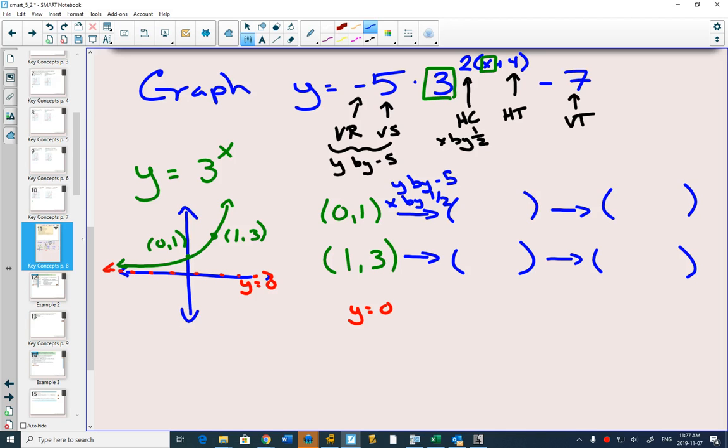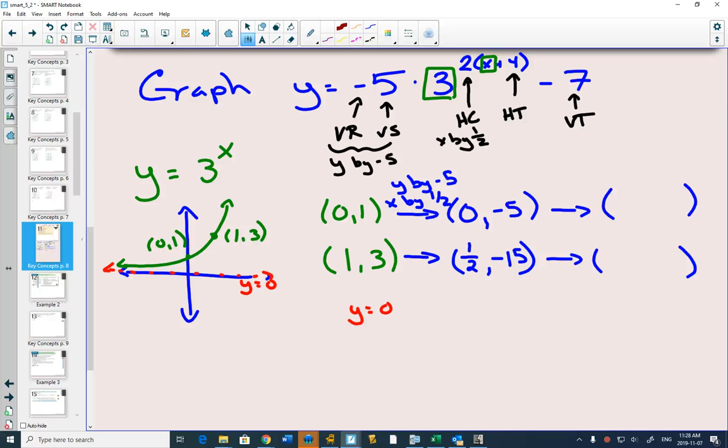What does that do to my points? Well, 0, 1 is going to change to be 0, negative 5. 1, 3, x by 1/2, that'll make this a 1/2. And 3 by negative 5 will be 1/2, negative 15. Next, our translations.